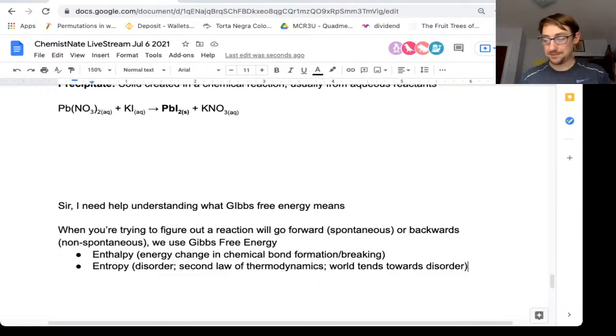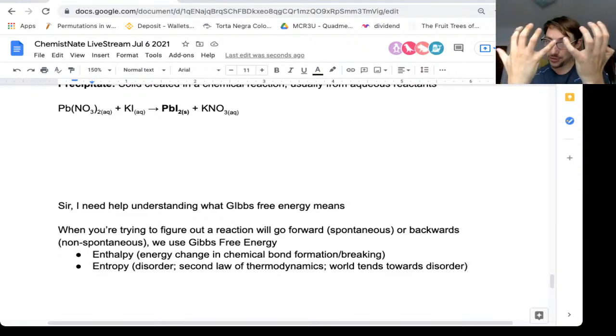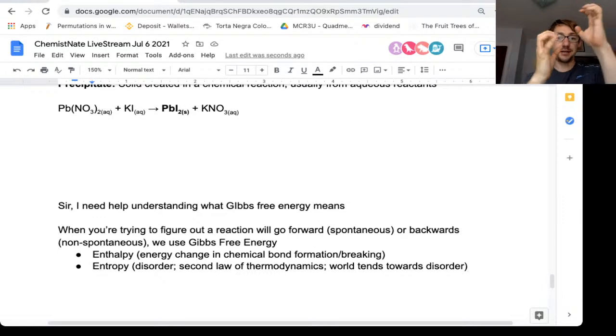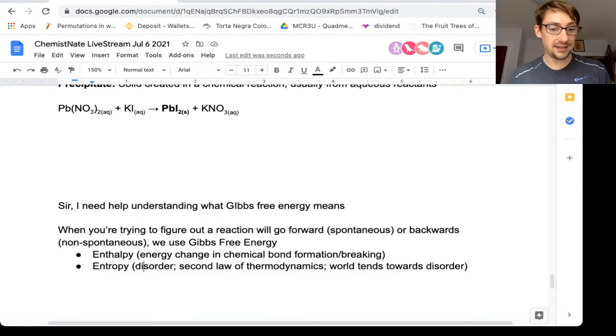Gibbs free energy is the way you tie these two concepts together to make up the spontaneity concept. Enthalpy plays a role. Entropy plays a role. Sometimes they work in the same direction. Sometimes they fight against each other. Gibbs free energy helps you determine which one is most important in terms of spontaneity.